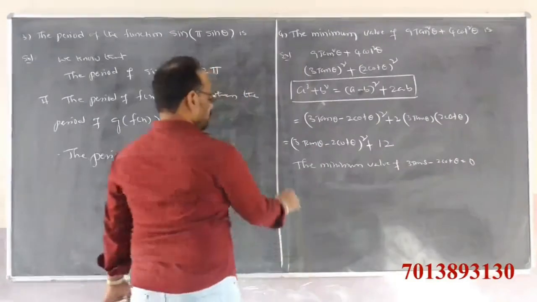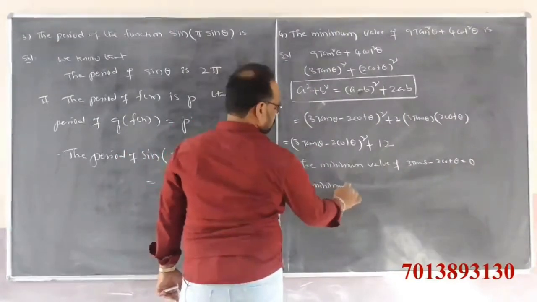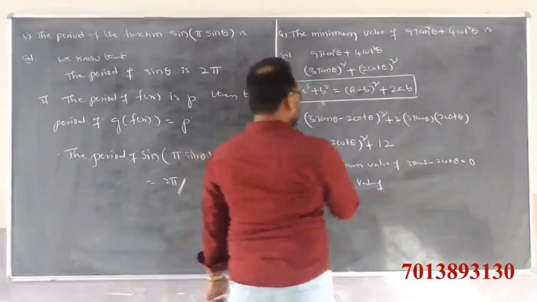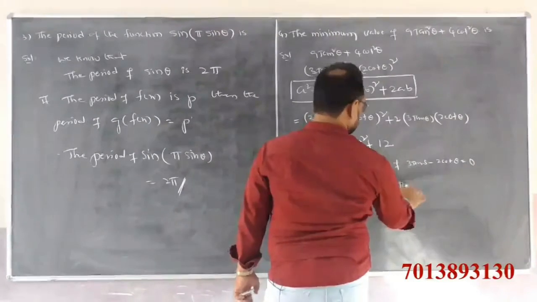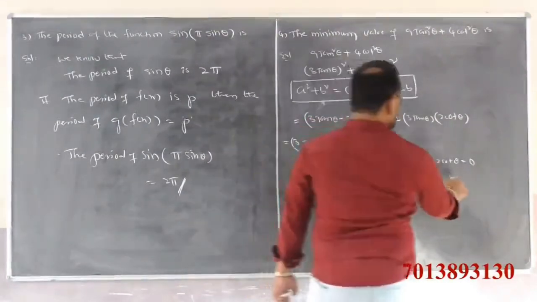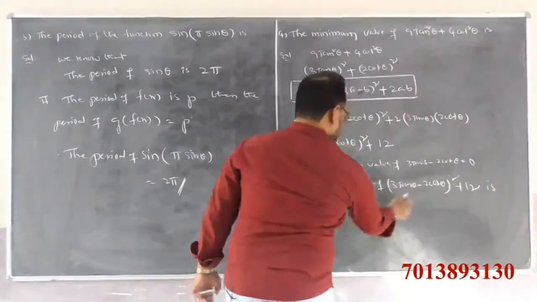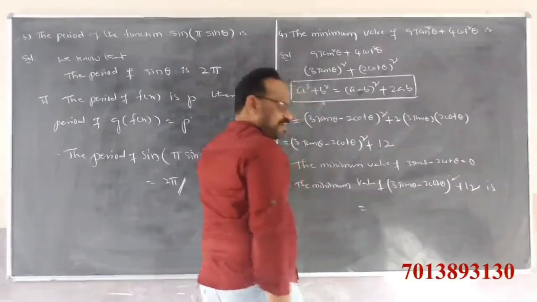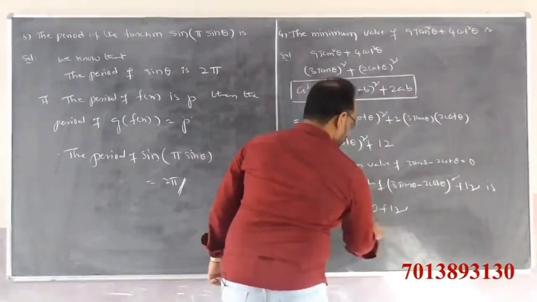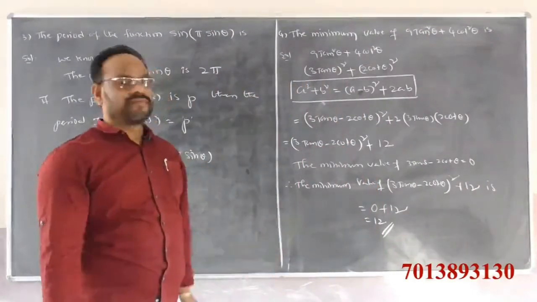Therefore, the minimum value of (3 tan theta minus 2 cot theta) whole square plus 1 is, clearly, the minimum value of 3 tan theta minus 2 cot theta is 0. So 0 plus 1 is equal to 1. The minimum value is 1.